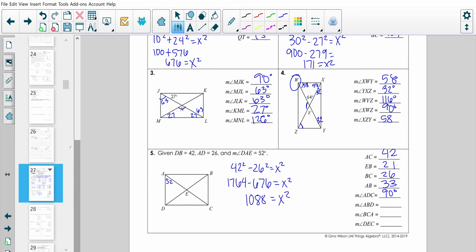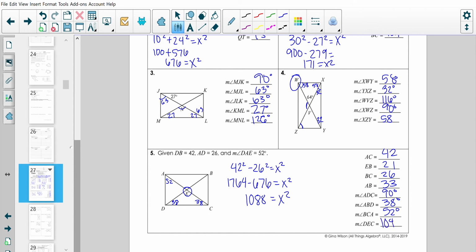Good. What is BCA? 52. And DEC? We know these are 38, so I need to find this angle. 104? Yeah. Good job.